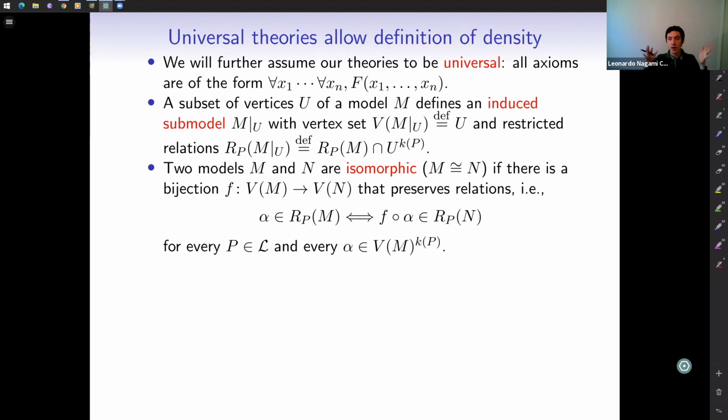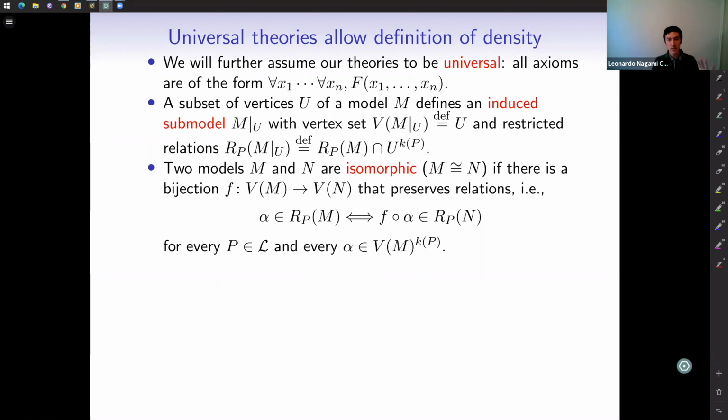This is the analog of saying two graphs are isomorphic if there is a bijection between the two vertex sets that preserves adjacency and preserves non-adjacency. So it's if and only if: it preserves when the predicate is true and preserves when the predicate is false. This is the notion of isomorphism.